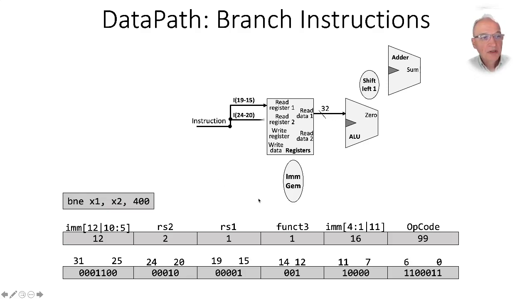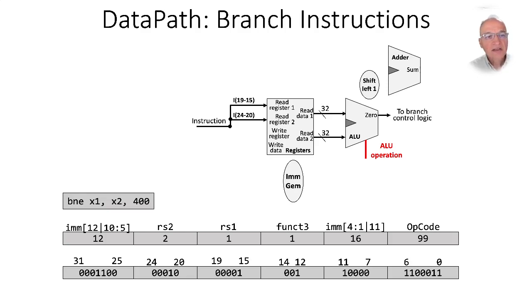Then I'll take the bits 20 to 24 and specify them as the second entry to my arithmetic and logic unit. So I take in the registers RS1 and RS2 and send them to my arithmetic and logic unit. And because this is a branch not equal instruction, I'm going to tell the arithmetic and logic unit to perform a subtraction.